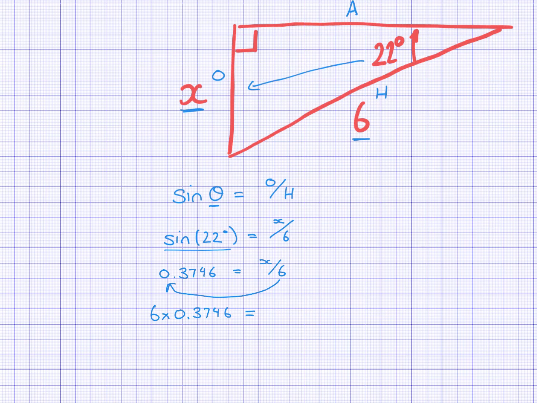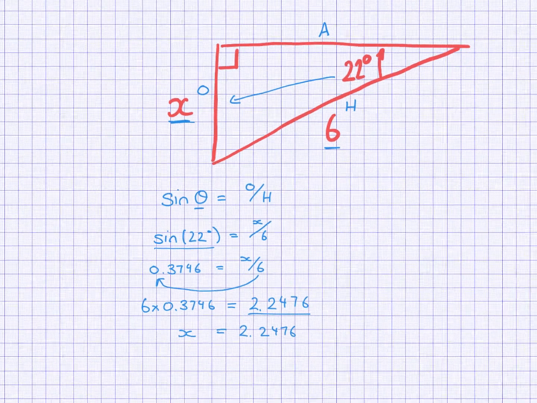Alright, so 6 times 0.3746 is 2.2476. So that is the missing side, that is x. So x equals 2.2476.